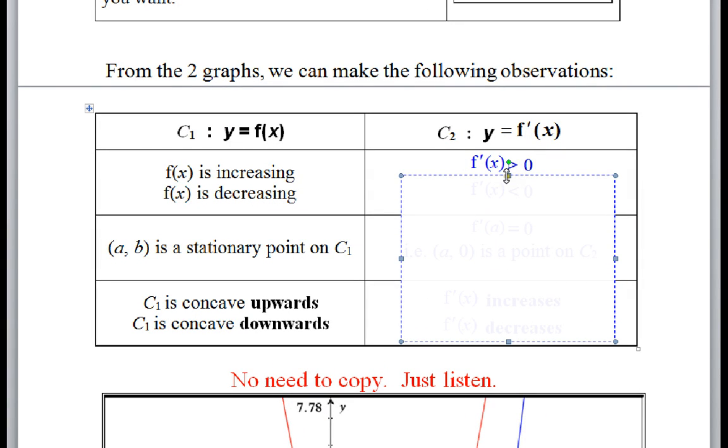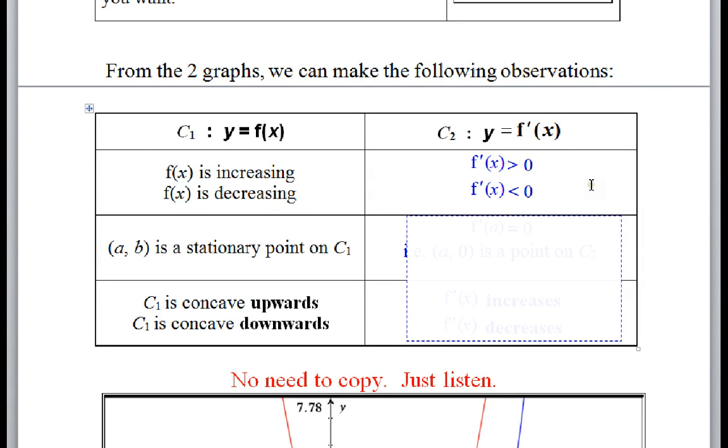So f prime x is negative. So maybe I should add: this is above the x-axis, this is below the x-axis. We'll put that into practice later on, but I think it's a worthwhile exercise for us to do.